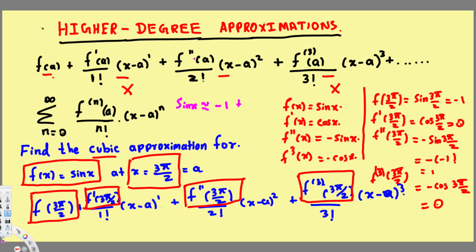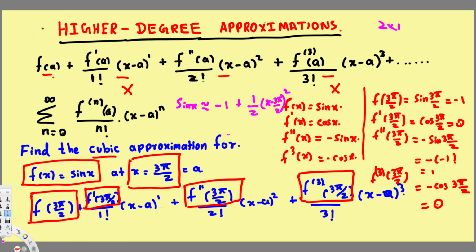Then the second derivative we found out is +1, so we are going to have 1 over 2 factorial. 2 factorial is going to be 2, because 2 times 1 is 2. Then we have (x minus a) squared. The value of a is 3π/2. So this is going to be (x minus 3π/2) squared.